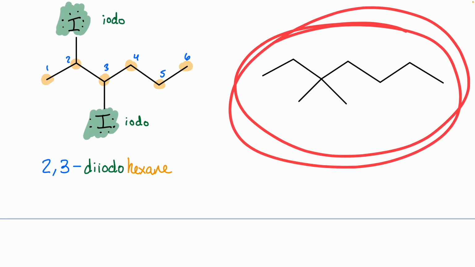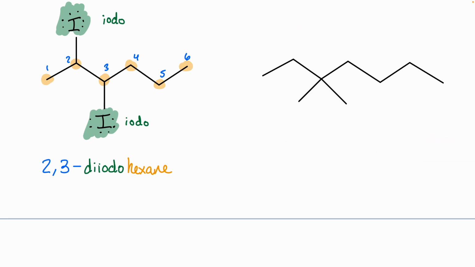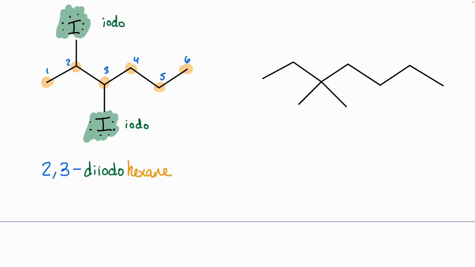Cool, so everybody take a second, do this second one on your own here. All right, I got these 7 carbons in my parent chain, so my parent chain is a heptane.